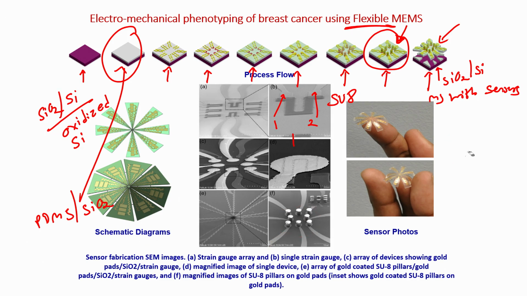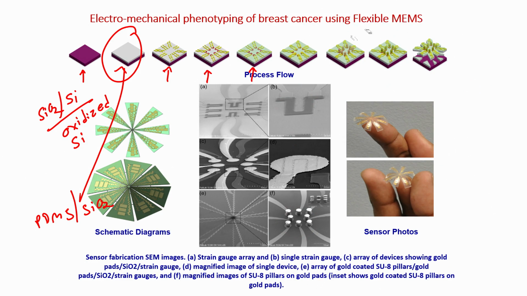So, let us see how we can use this sensor further for our application, that is, to understand the electromechanical phenotyping of breast cancer. We have to understand whether the tissue is cancerous or not.